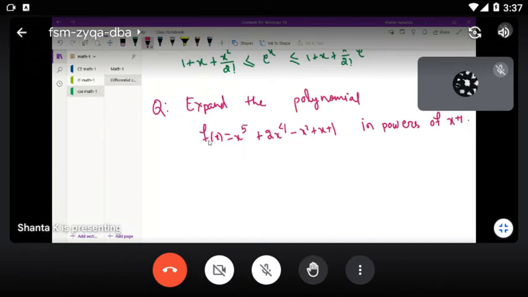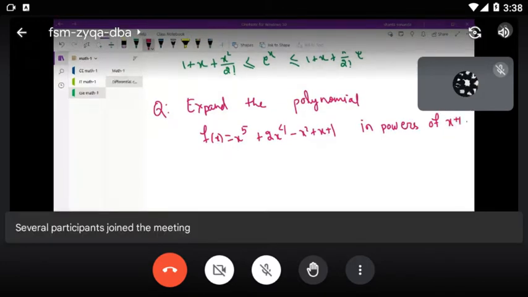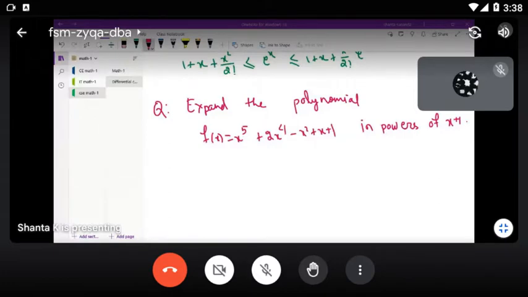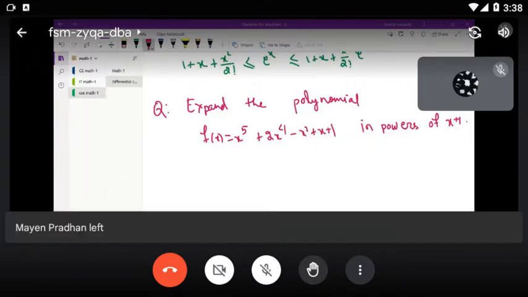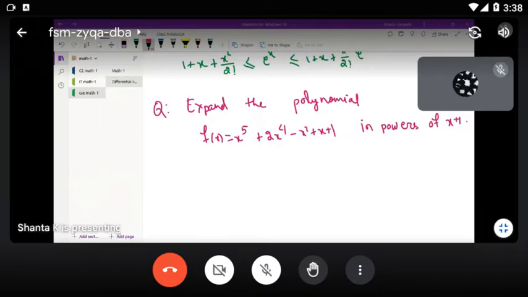The other way is to find the Taylor series expansion of f of x at what point? How can you write this as a Taylor series expansion? At minus 1.